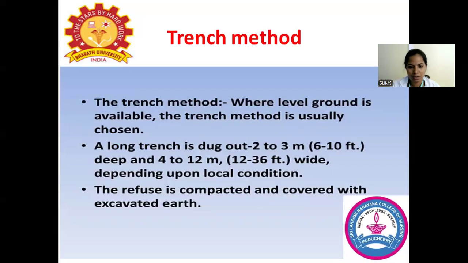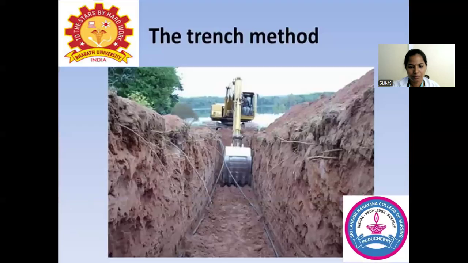The refuse is compacted and covered with excavated earth. So this is the trench method. Here is an example of how the trench will be made. With the help of an excavator, they will dig a trench and the refuse is poured into it. Over that they'll cover with earth. This is the trench method.